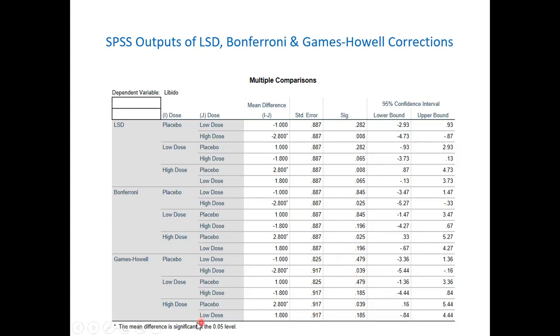So here, equal variance is not assumed, so some things have changed. But what I want us to focus on is Bonferroni and LSD. You see, sometimes it may make sense for you to use LSD rather than Bonferroni.